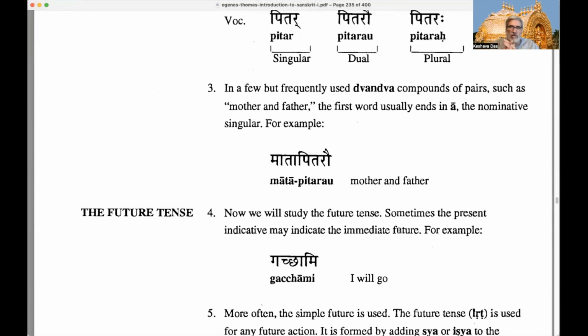The first word usually ends in a long A, the nominative singular. So the first word is not the stem as it usually is in a compound, but it is the nominative singular, and in this case it will be ending in a long A, right?